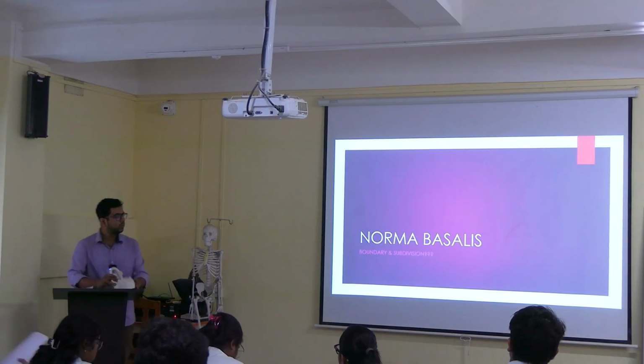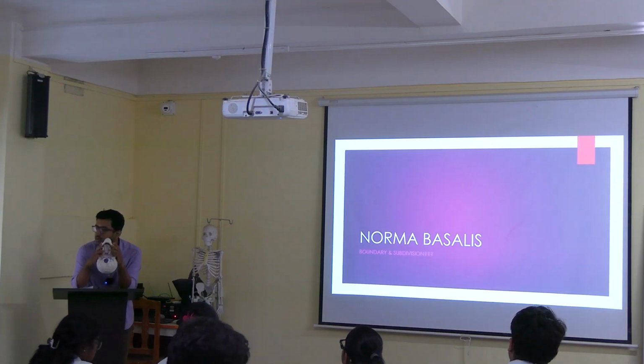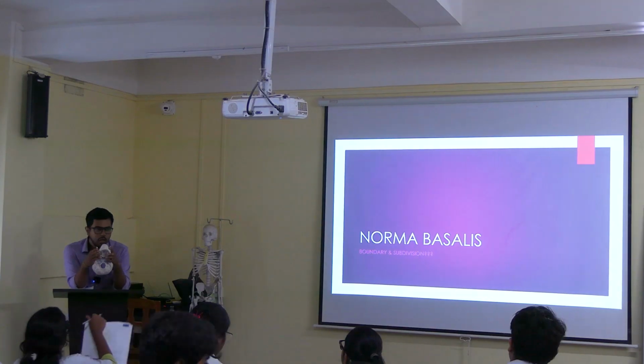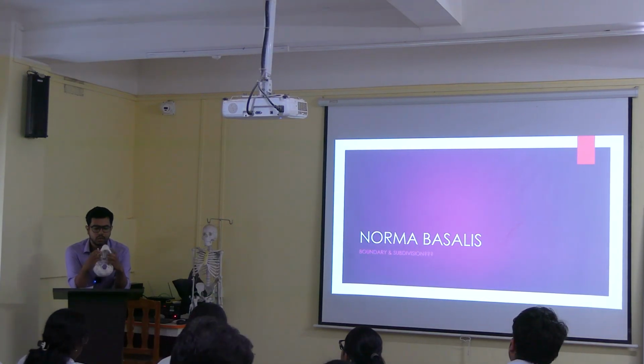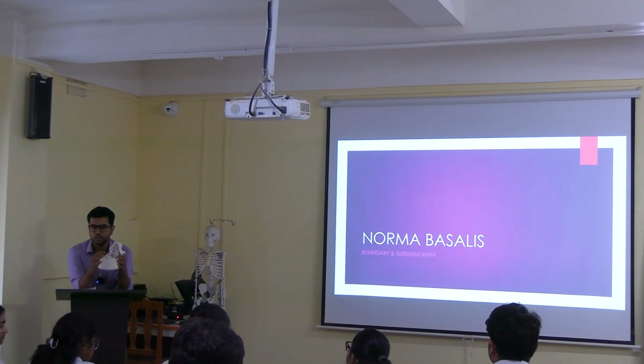Today's topic, Norma Basalis. If you have the skull specimen with you, you will see. Otherwise, I will ask you to come forward after I teach each part. There are 3 parts, so I will ask you to come forward 3 times. If you want to see, you can come forward. Otherwise, it's up to you.